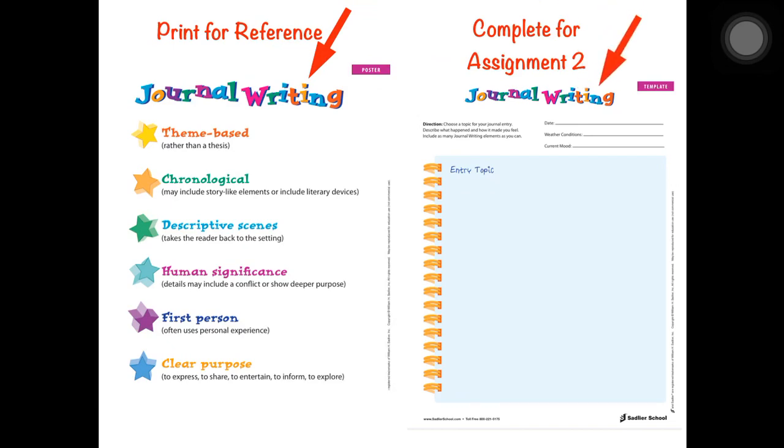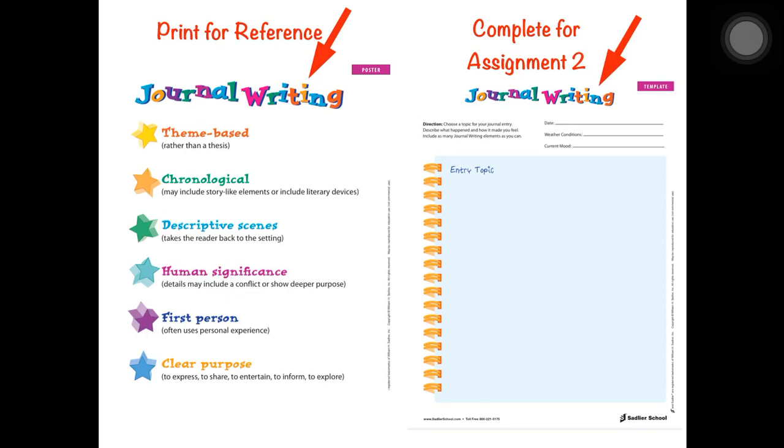You'll have a typable file that you can pull up, and you can fill out those lines at the top, and then in the blue box there'll be another typable area, and I want you to write a nice journal entry about the topic that you told me you're going to write about in assignment 1. Pick some experience, something that you went to, did, enjoyed, something that is a personal experience to you.